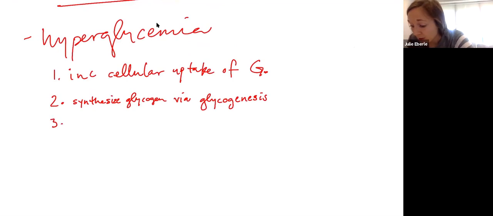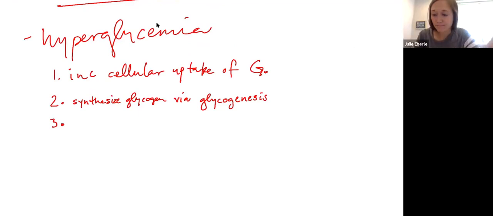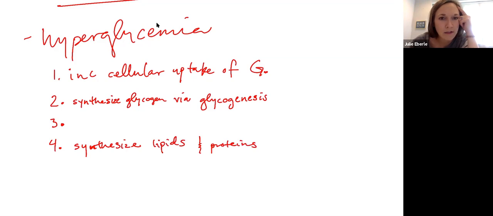Anybody remember another thing it will do? Does it synthesize lipids and proteins? Yes, I'm going to write that down on number 4, because we're going to really ramp up glycolysis.